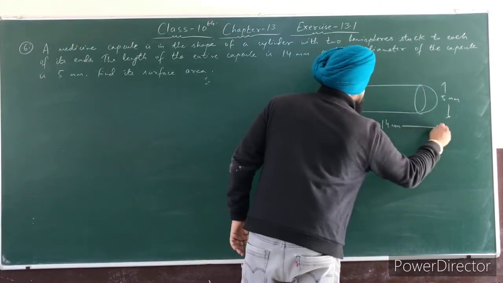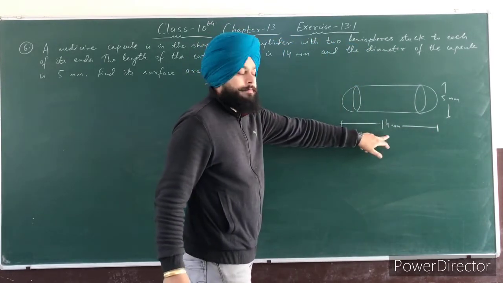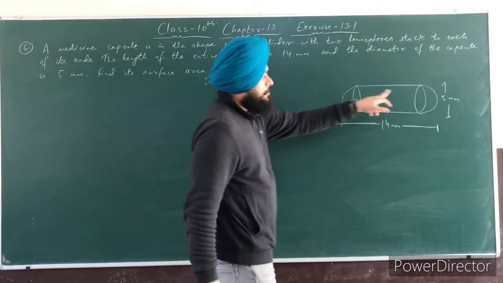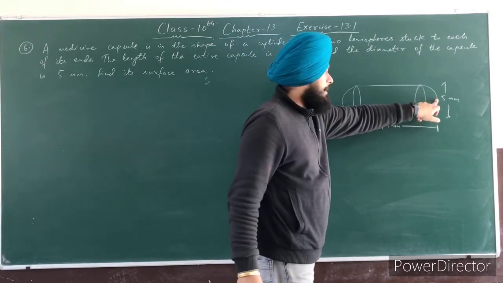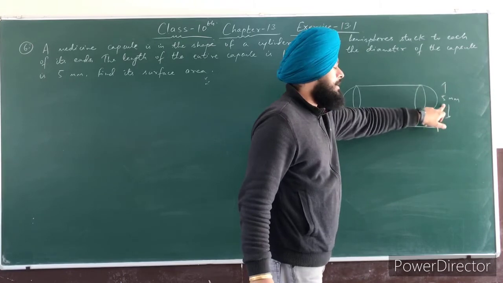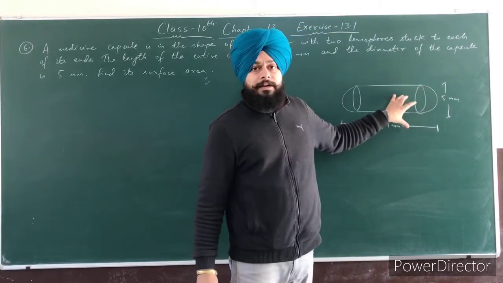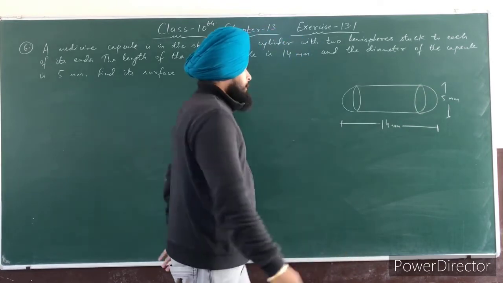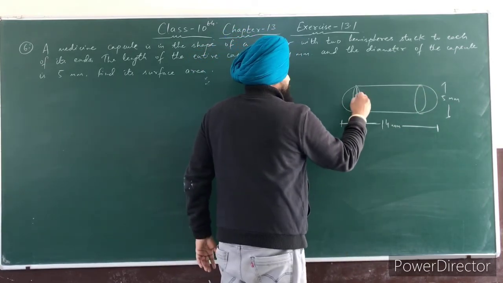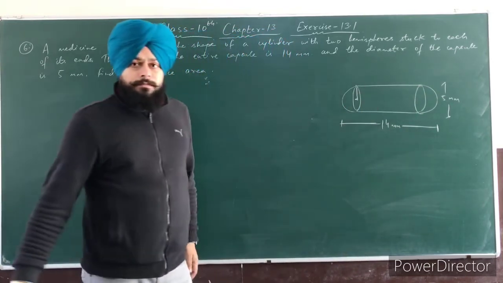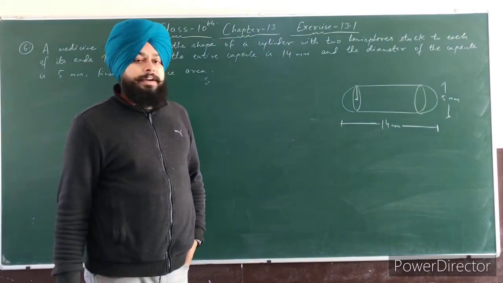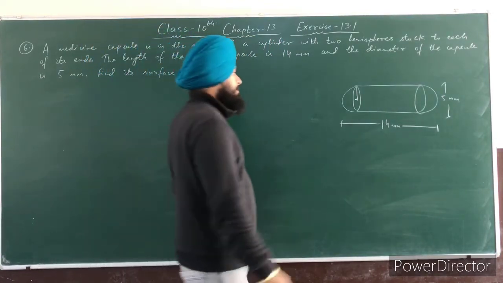The total length of this capsule is 14 mm, from this side to this side. And the diameter of this hemispherical portion is 5 mm. It means the diameter of this hemisphere and cylinder is the same. Now, if the diameter is 5 mm, then what is its radius? Radius is 2.5 mm.